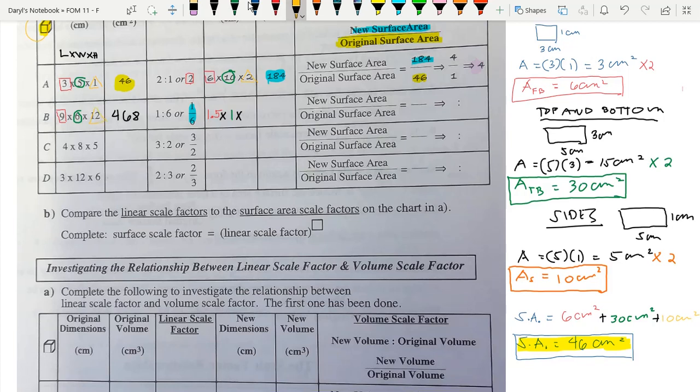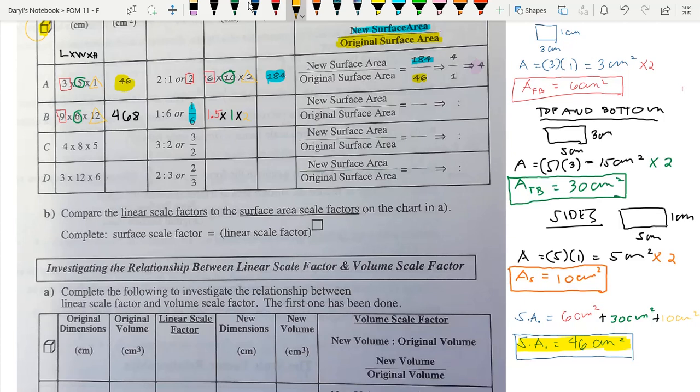So 12 times 1/6, that gives you 12/6. So that gives you 2. So these are the new dimensions now: 1.5 by 1 by 2 centimeters. So 1.5 centimeter by 1 centimeter by 2 centimeters.